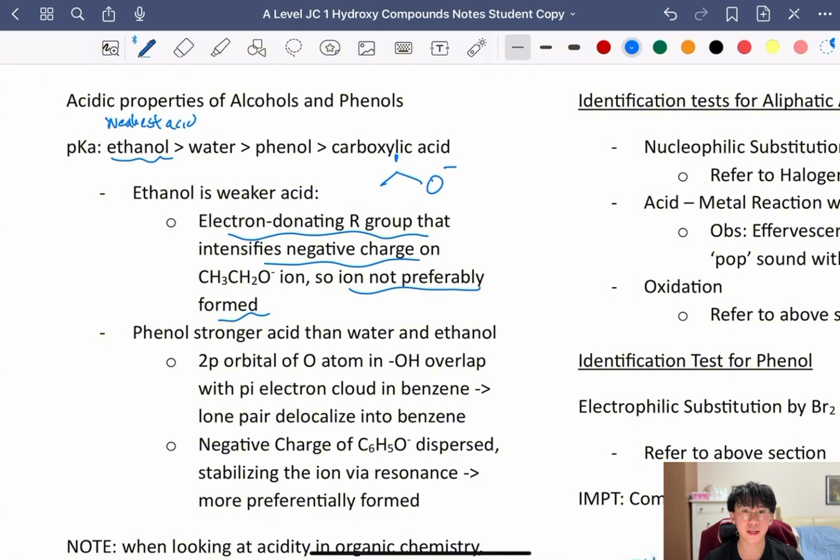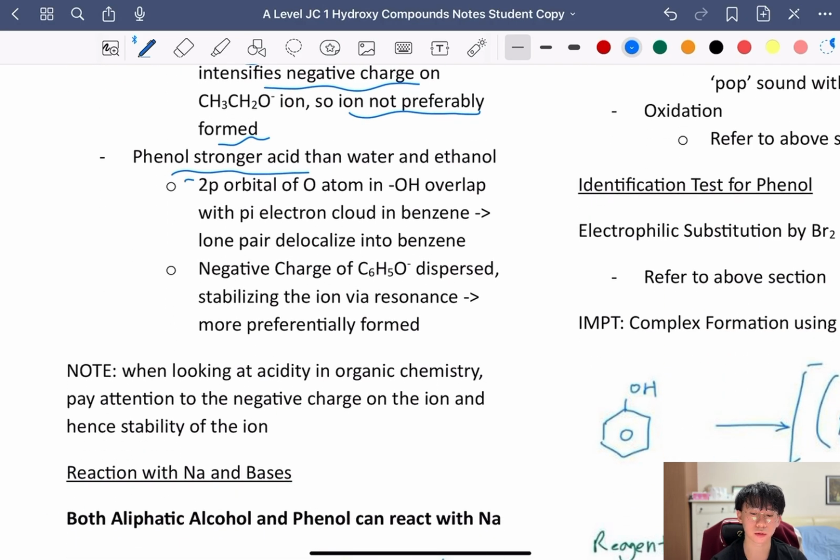However, if you look at your phenol, it is a stronger acid than both your water and ethanol. And this is because of the same principle. The 2p orbital of the O atom in the OH is overlapping with the pi electron cloud in the benzene ring. Because of this, the lone pair delocalizes into the benzene ring. But more importantly, you have to look at the ion that comes out of it.